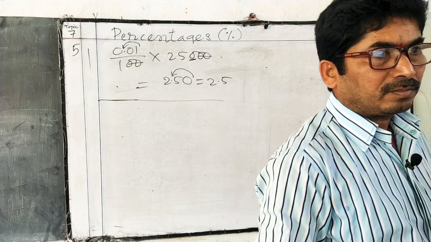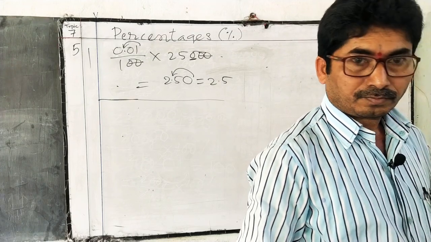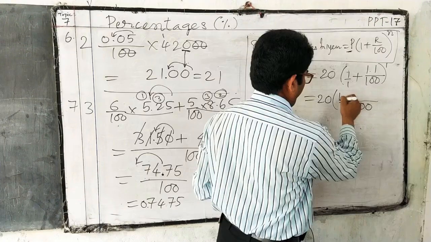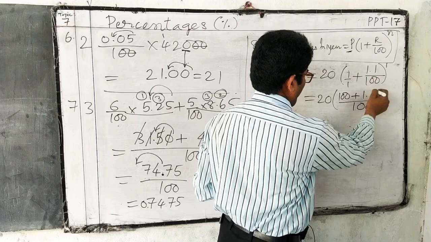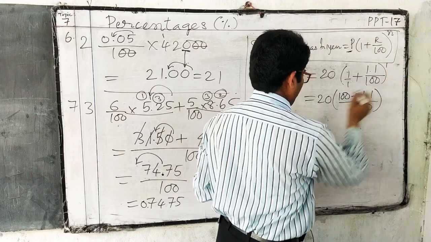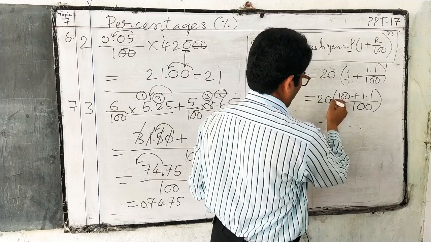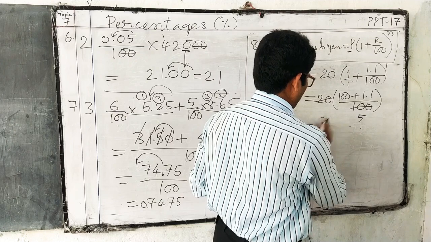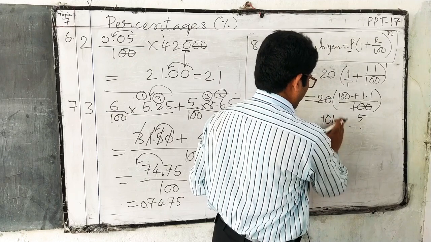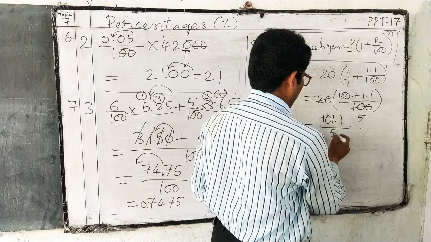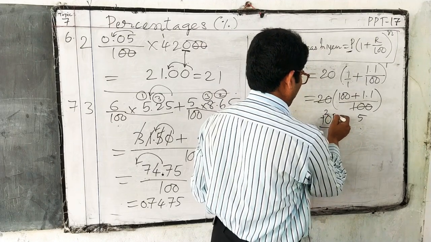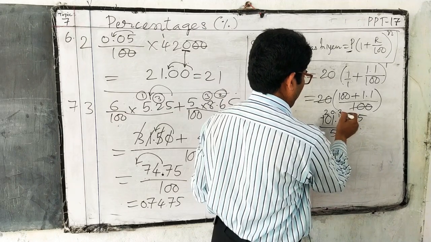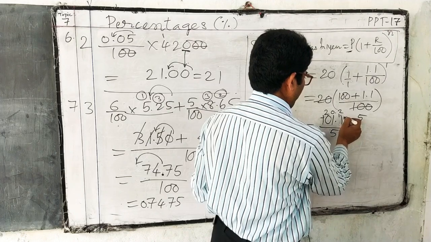Plus 1.1 whole to power 1 means 1 only. Here 21 are 25 are 101. 101.1 by 5. 5 2s are 10. 5 zeros are 0. 5 2s are 10, 1 remainder.